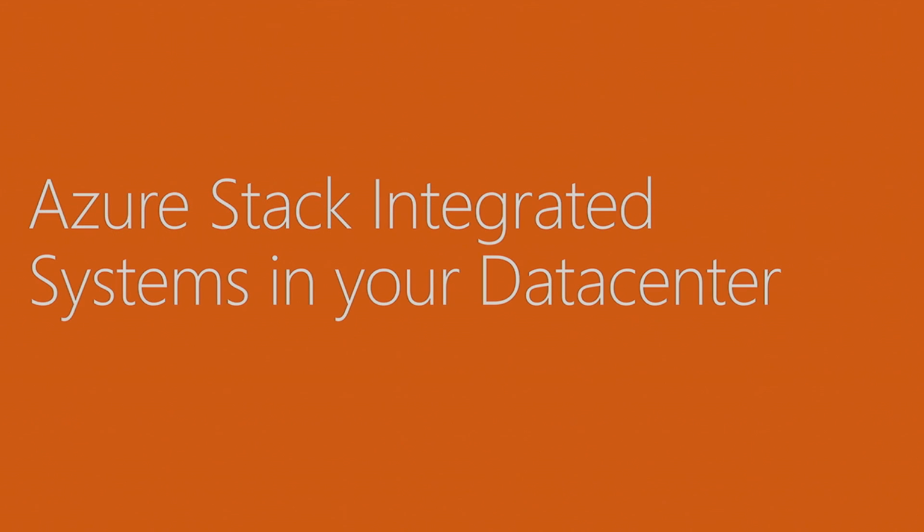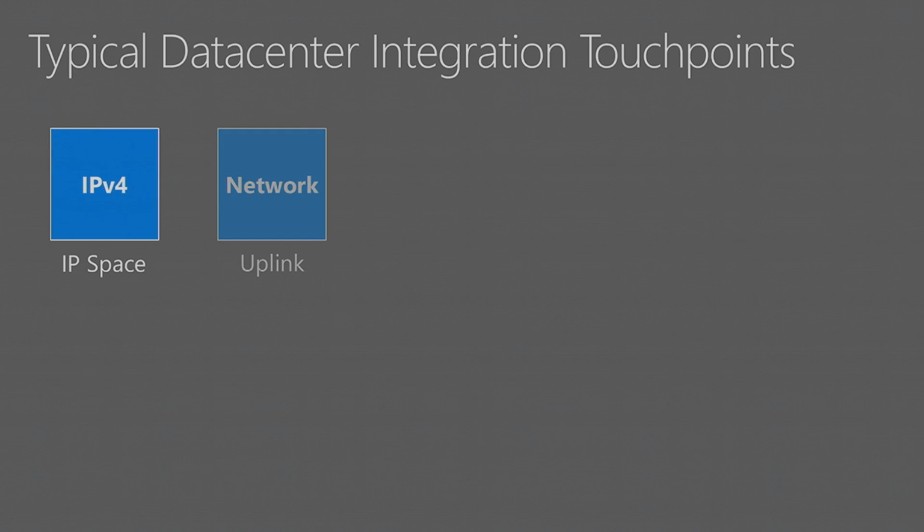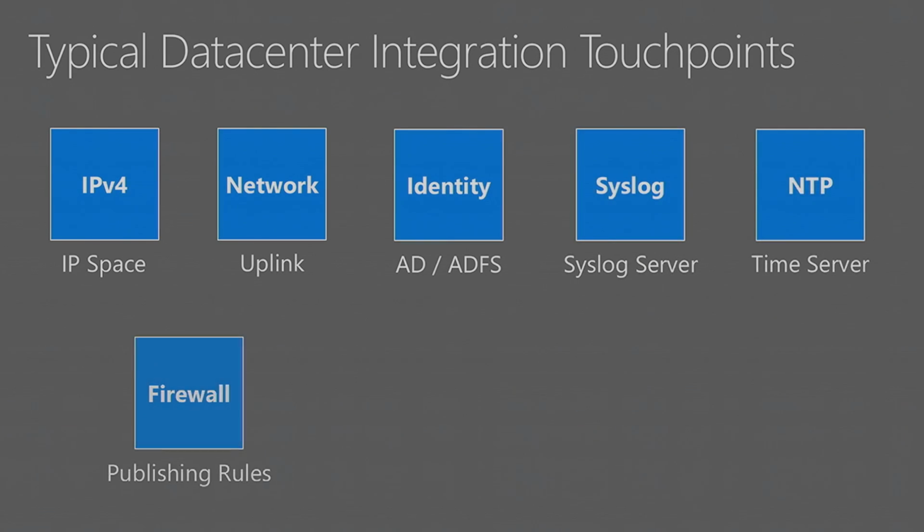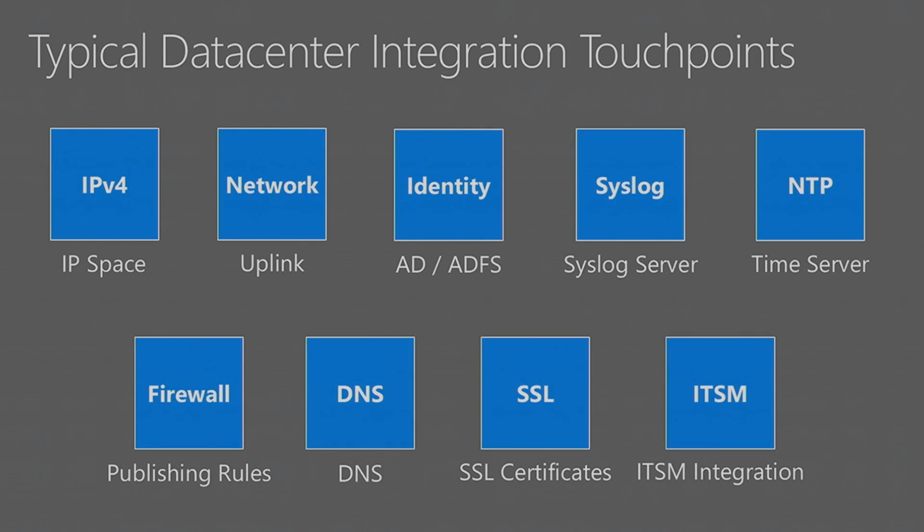Now, how do I integrate Azure Stack systems in a data center? We made a lot of learnings with our Cloud Platform System Premium, and I'm listing out here integration touch points that you need to think about when it comes to integration.